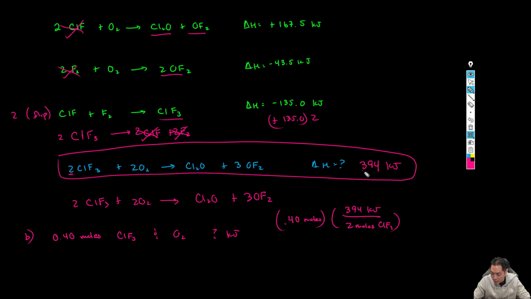You just multiply across: 0.4 times 394 divided by 2 gives me 78.8 kilojoules. Since it's positive, it is endothermic, which means it needs to absorb energy in order for this to happen. All right, that's it for this problem.